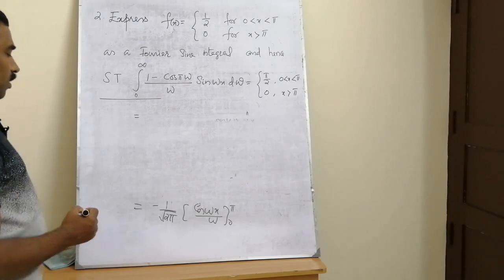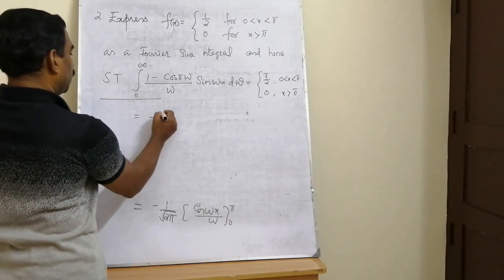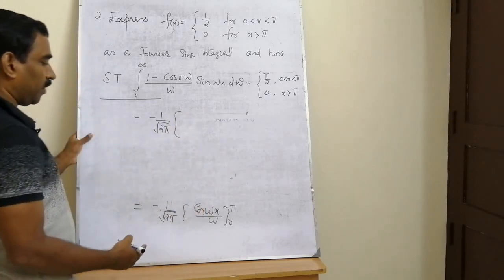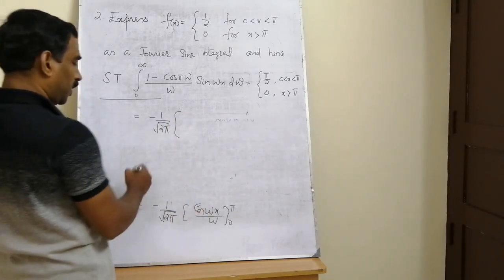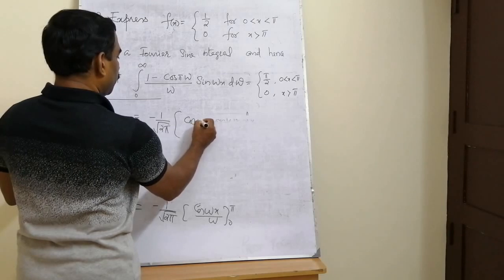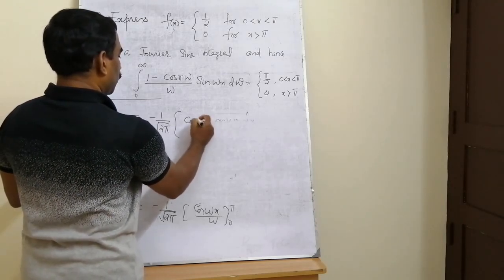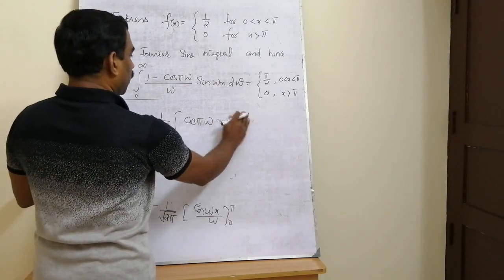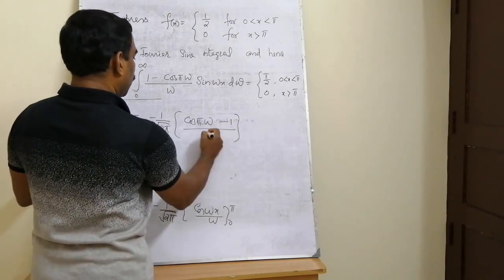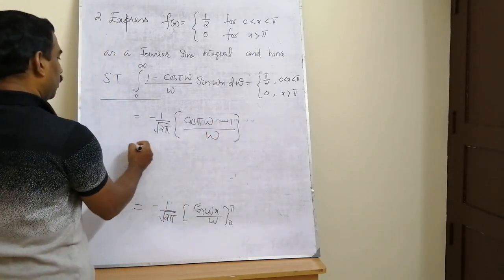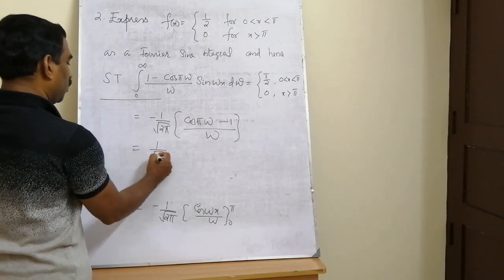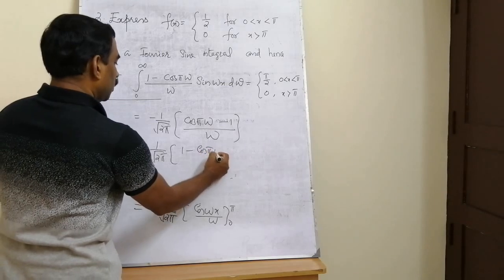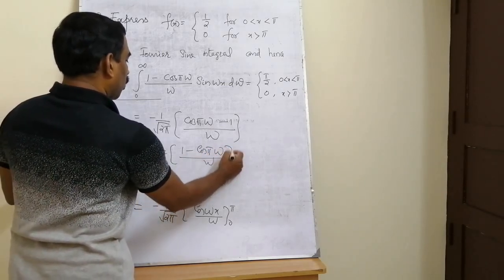So the answer equals minus 1 by square root of 2 pi, upper limit replacing x by pi, that is cos pi omega, minus cos 0, that is 1, the whole divided by omega, or this is equal to 1 by square root of 2 pi, (1 minus cos pi omega) divided by omega.